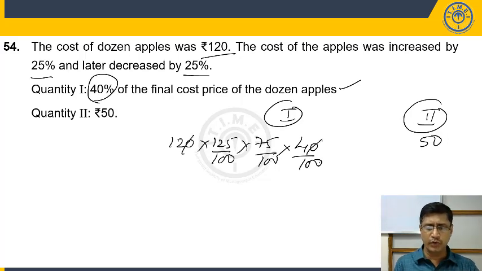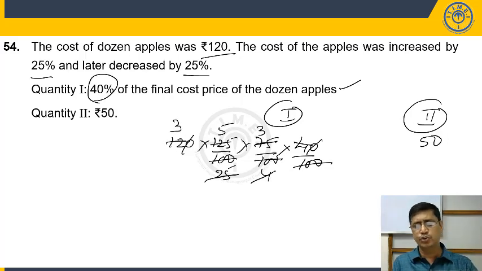The zeros we can cancel directly. 4 goes how many times in 100? 25 times. 25 goes 5 times in 125. Now 25 goes 3 times in 75, and 4 goes 4 times. Now what is the result? 3 into 3 is 9, 9 into 5 is 45. Quantity 1 is 45.